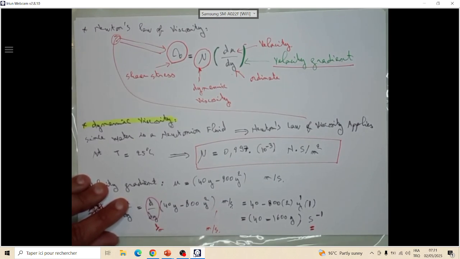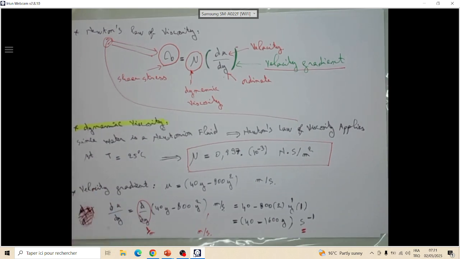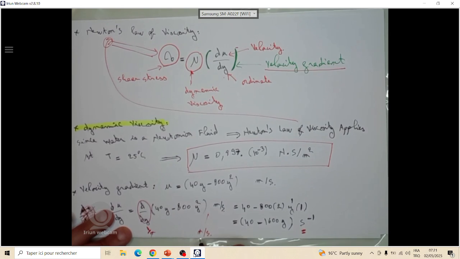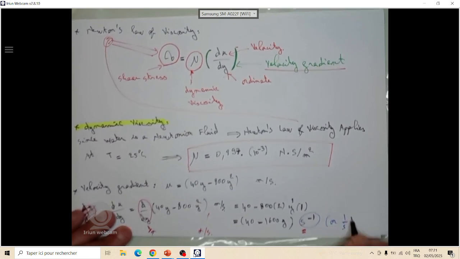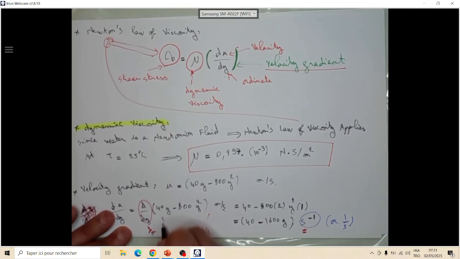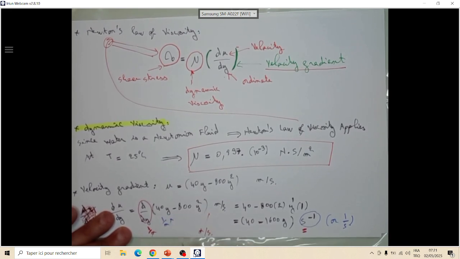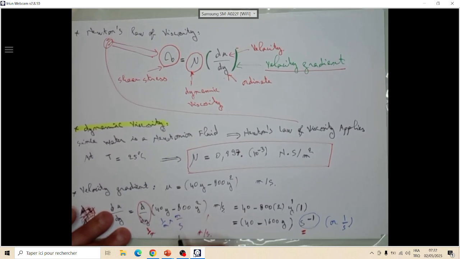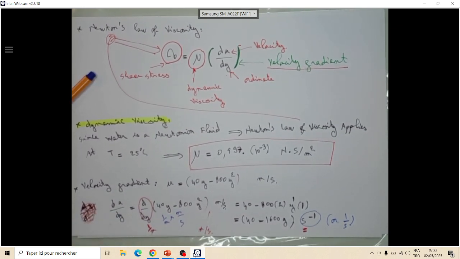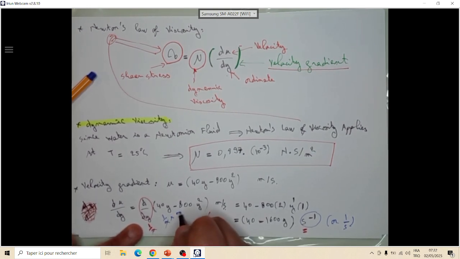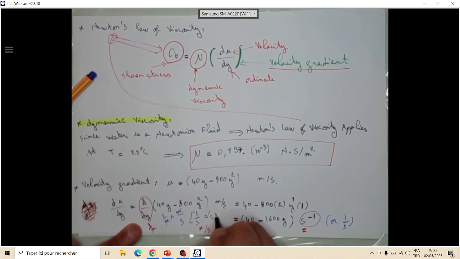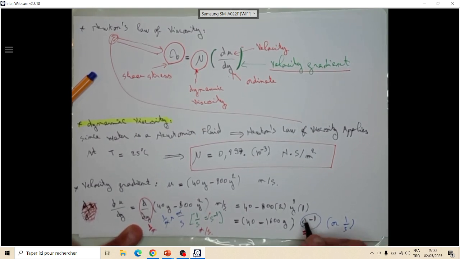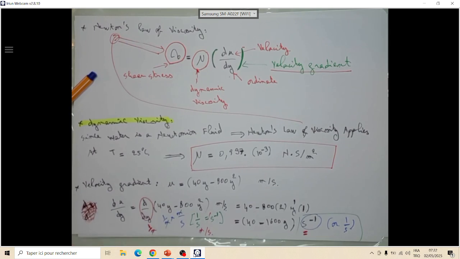If I multiply them, the meter cancels with the meter because we have multiplication, and at the end we have the unit 1 over second, which is equal to second minus 1.